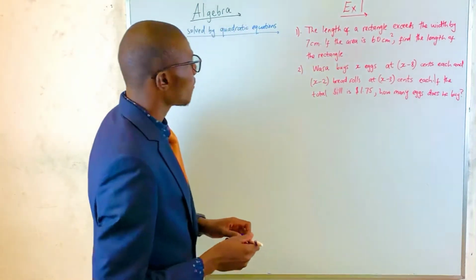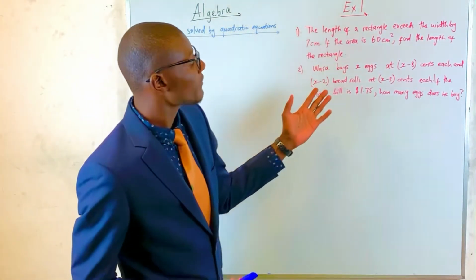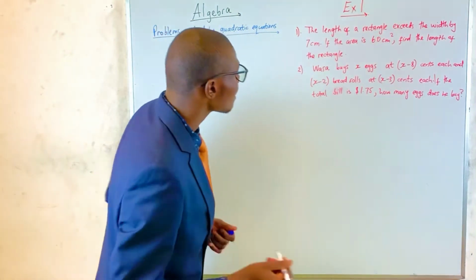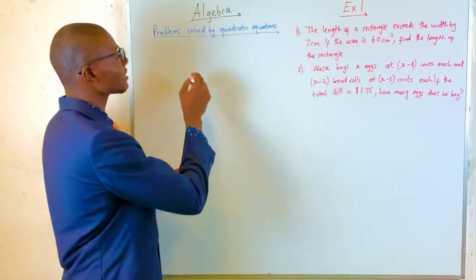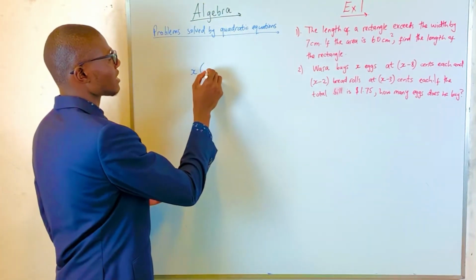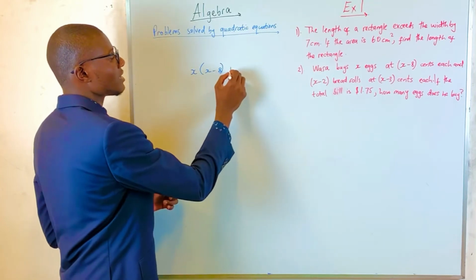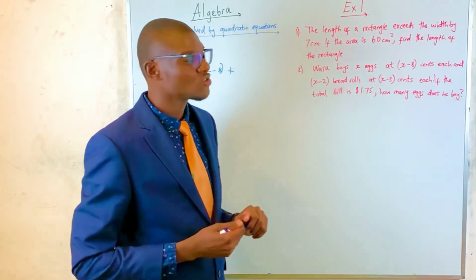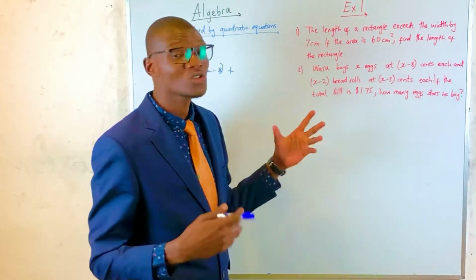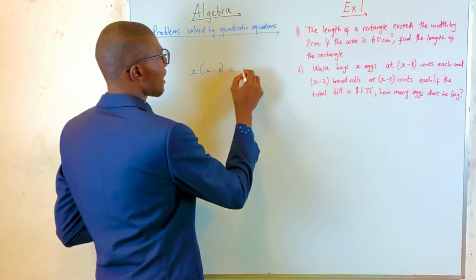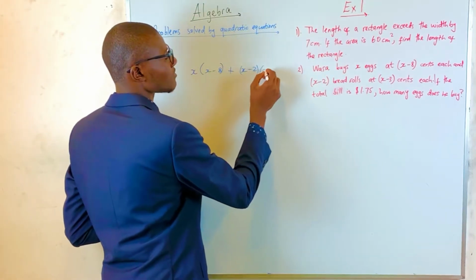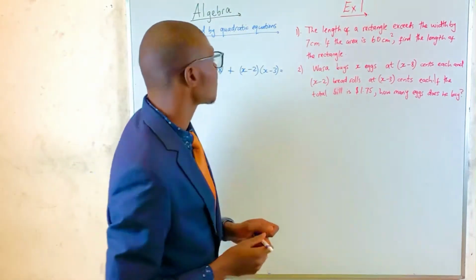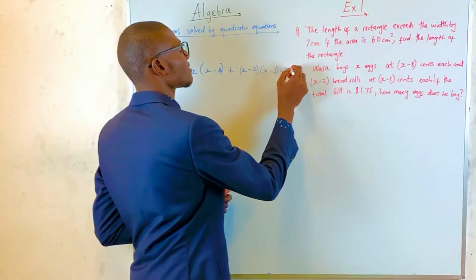So the total cost of those eggs would be x times x minus 8, plus x minus 2 bread rolls at x minus 3 cents each. The total cost of those bread rolls would be x minus 2 times x minus 3. And this should be equal to $1.75, which you can write as 175 cents.